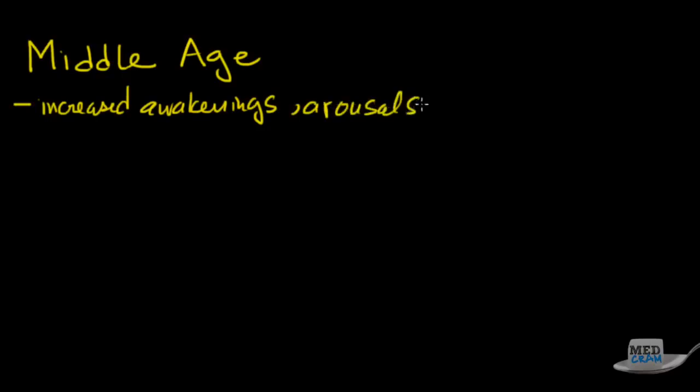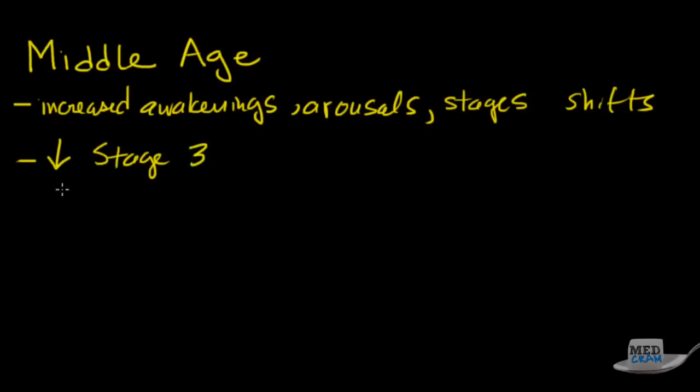So what happens when you approach middle age? There's a number of things that occur normally. There's increased awakenings. So you're waking up more in the middle of the night. There's arousals. And there's more stage shifts. This is the stages I was talking about before. You also see a decrease in stage 3, and you also see a decrease in REM sleep.